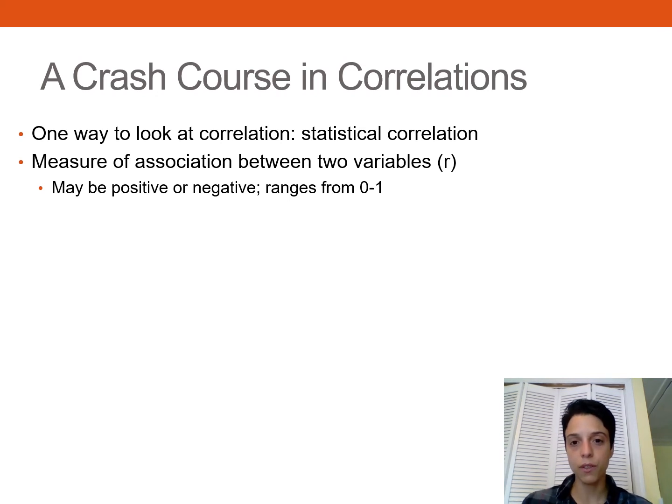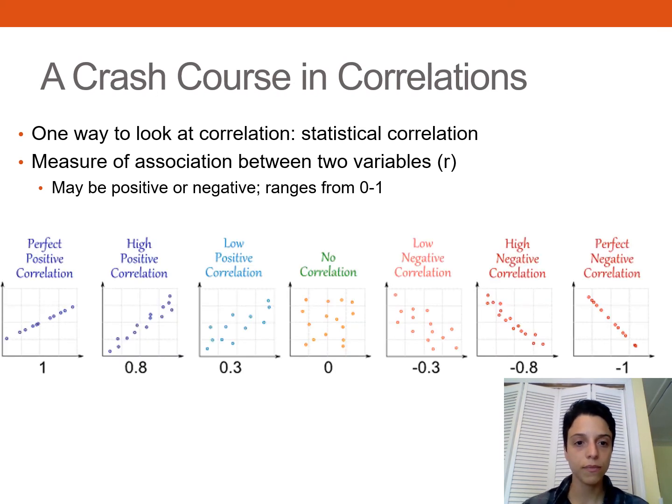And it can range from 0 to 1. The closer a correlation is to 1, the stronger the relationship between those variables is. So the more that you can be sure that as one variable increases, the other variable will increase as well. If it's a lower or weaker correlation, the two variables are less closely related to each other.